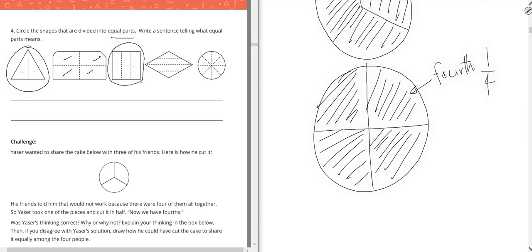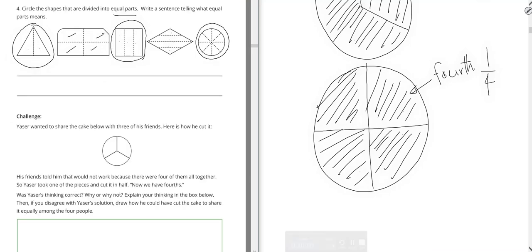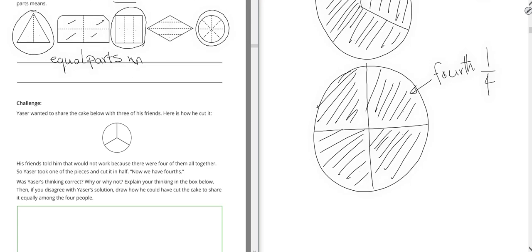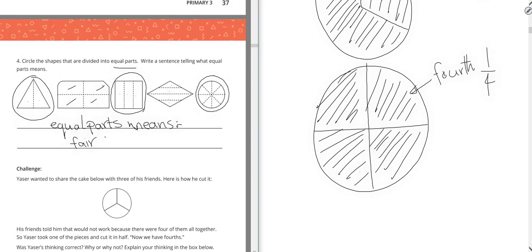This shape, 4 parts but not equal. This shape, the last one, divided into equal parts. Now what is the meaning of equal parts? Equal parts means fair shares.